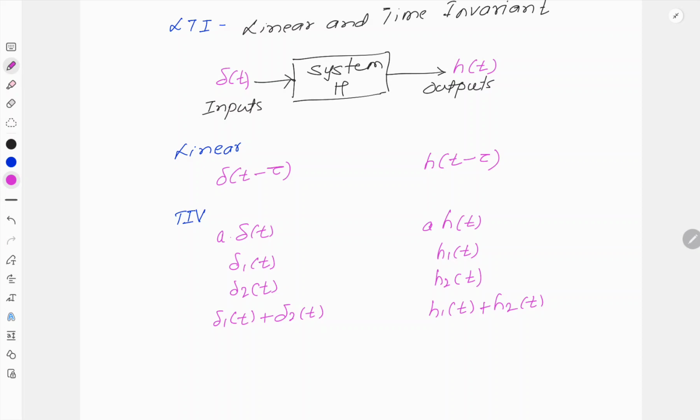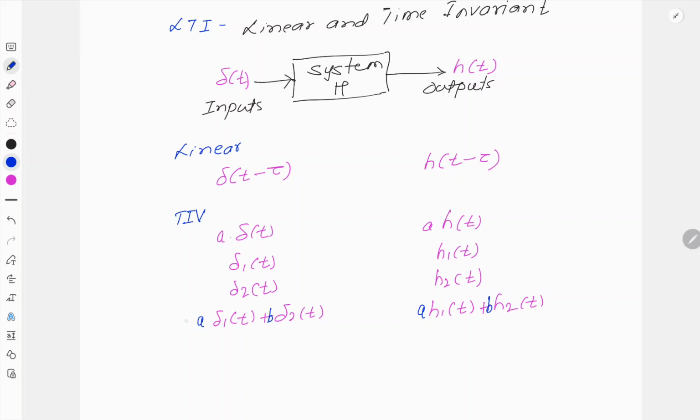Now there is one more thing: if I apply all these operations together, meaning if I scale delta 1 by, let's say, factor a and delta 2 by factor b, I should get the same scaling of a and b in the output. This is because of the property of the system.